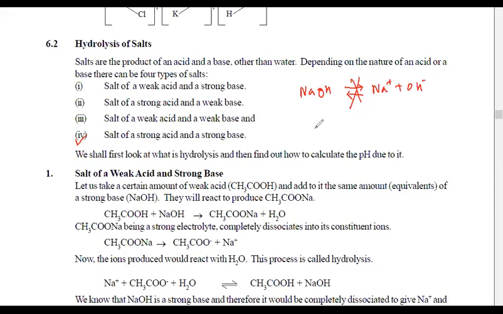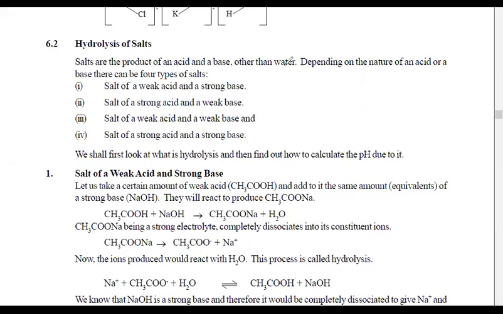So when Na+ and Cl- react with H2O, Na+ will not react with OH- to form NaOH, and Cl- will not react with H+ to form HCl. It will never happen. That's why hydrolysis occurs only for weak components.